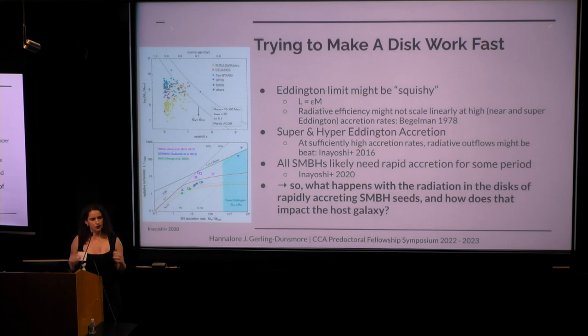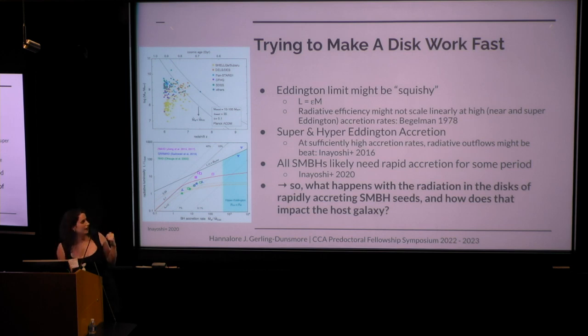And this brings us to how do we try to make these disks work fast? So it turns out that the Eddington limit might be a little squishy. Shelley Shang did a wonderful job of explaining the Eddington limit, so I'm just going to remind us really quick. The Eddington limit of luminosity is when you balance your radiative pressure with the gravitational binding energy of your object. My slide seems to not be showing some special characters.